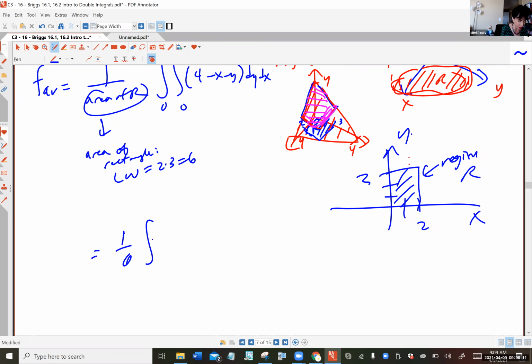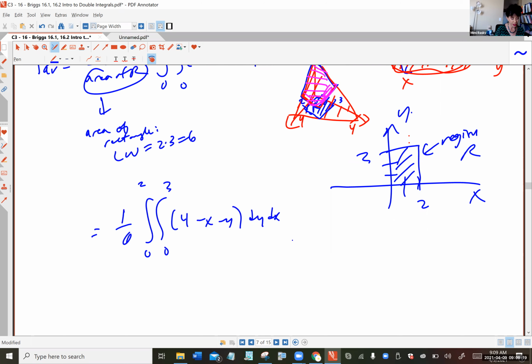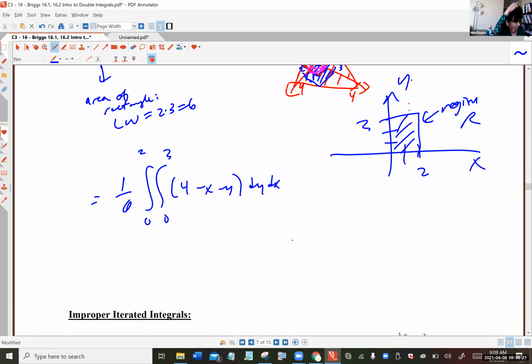Okay, so far we have 1/6, and then here's our iterated integral, and this is going to give us the answer, the average value of this function. So let's just quickly do this. I'm going to integrate with respect to y first, and this is pretty easy because integrating a polynomial doesn't require any u-sub or anything like that.